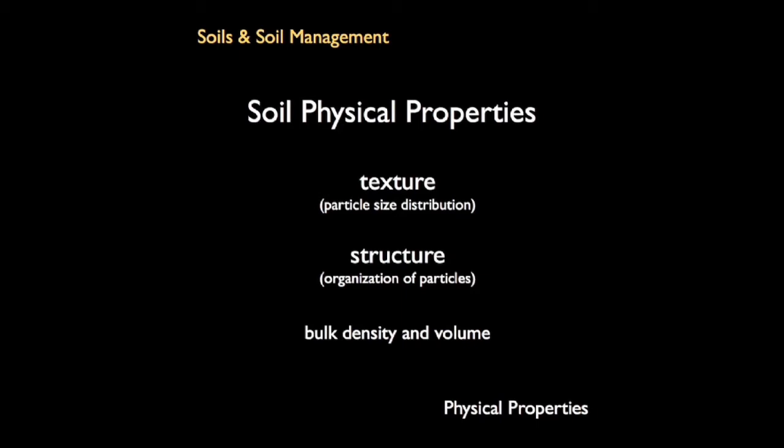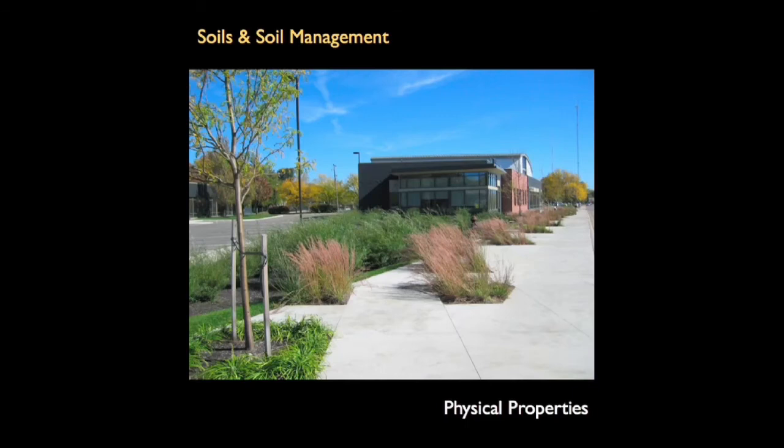Physical characteristics of soil include texture, particle size distribution, structure, organization of the particles, and bulk density and volume. Texture and structure affect air porosity and water retention. The physical properties of soil are of particular importance in constructed landscapes, where trees, shrubs, and herbaceous plants are grown.